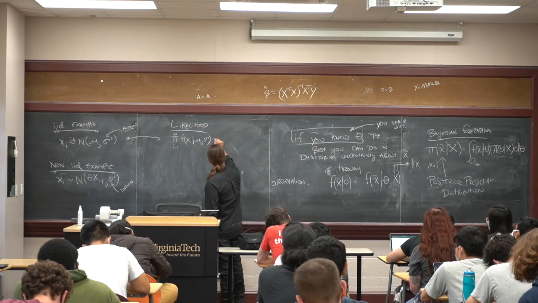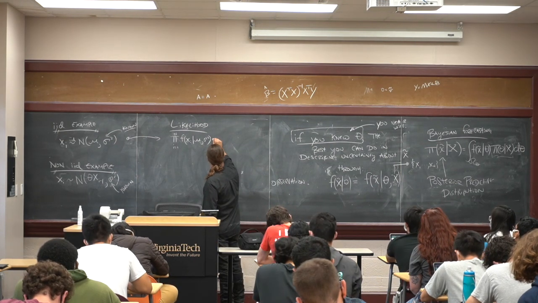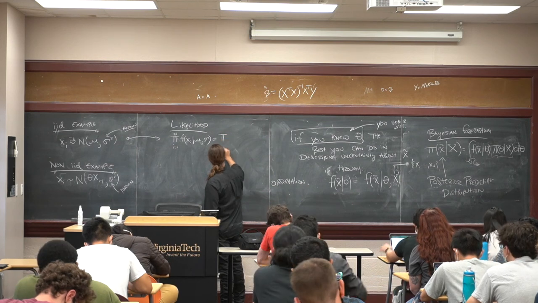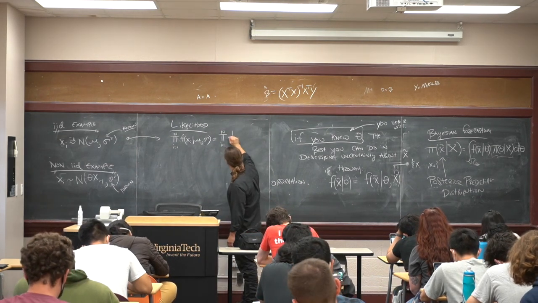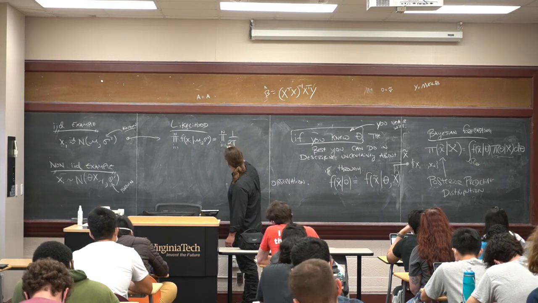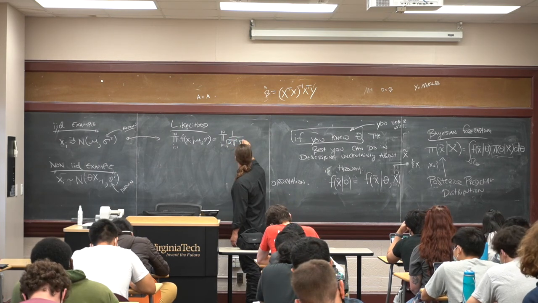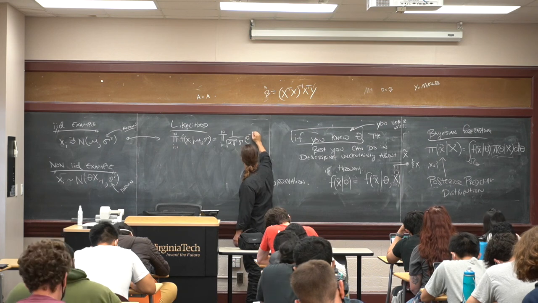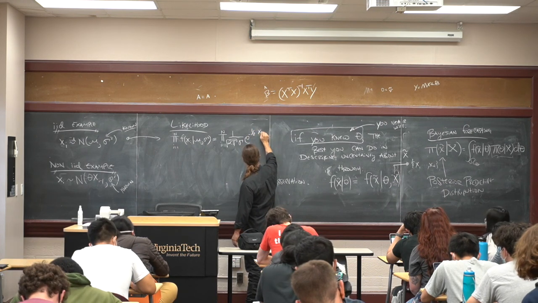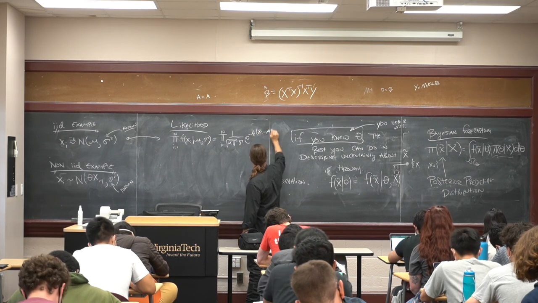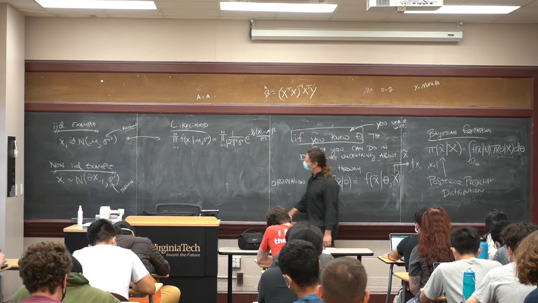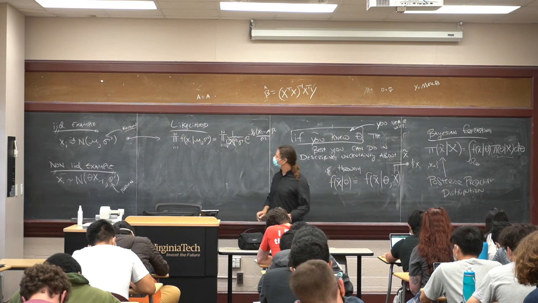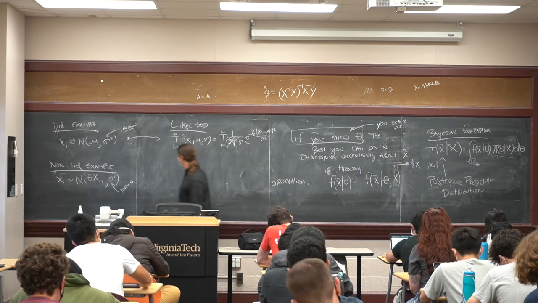And so in our case, this is going to look like this thing. I goes from 1 to n. I write down all of my sampling distribution: 1 over sigma root 2 pi, e to the minus 1/2 xi minus mu squared over sigma squared. This doesn't matter. We're just going to be writing down our likelihood function.